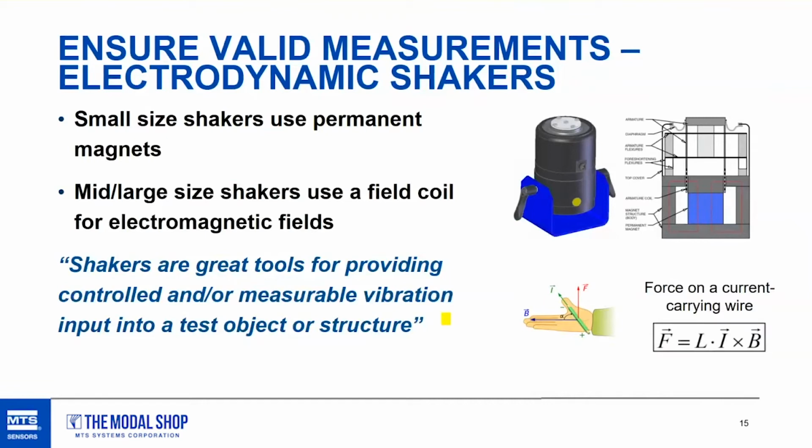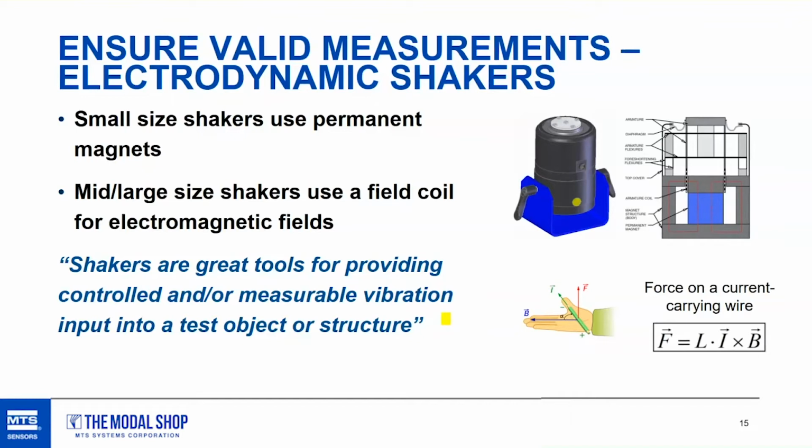And here's the equation, the principle behind an electrodynamic shaker is an electromagnetic force where you have a current wire in a magnetic field. So when you drive an alternating current through that wire, you create an alternating force that causes the vibration or the excitation into my structure.